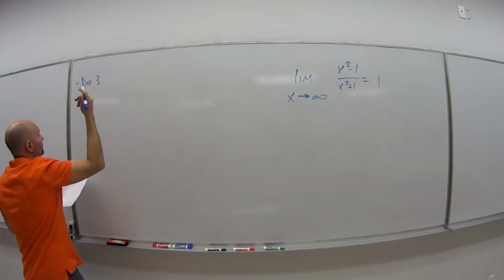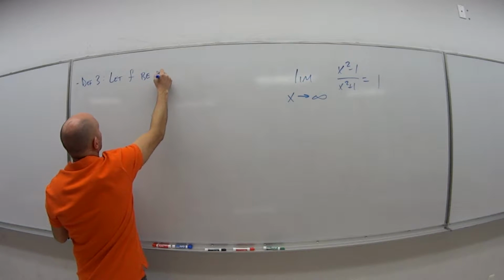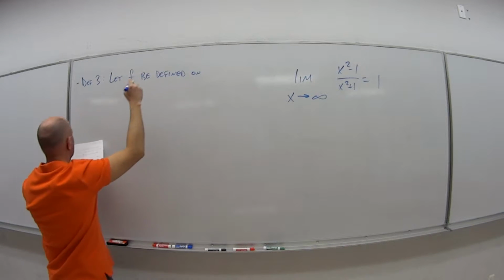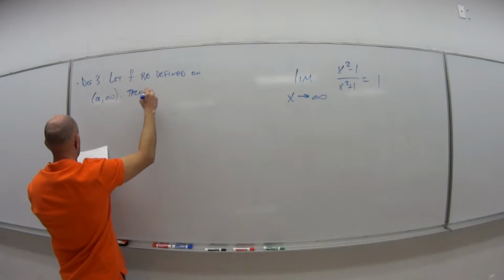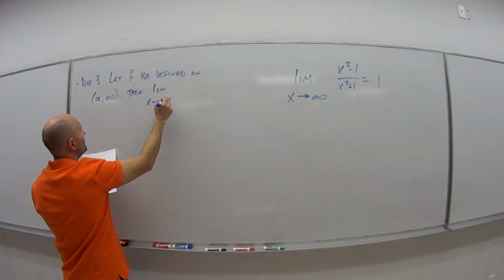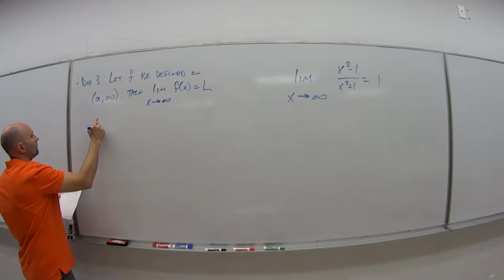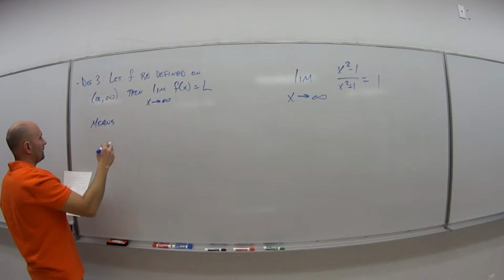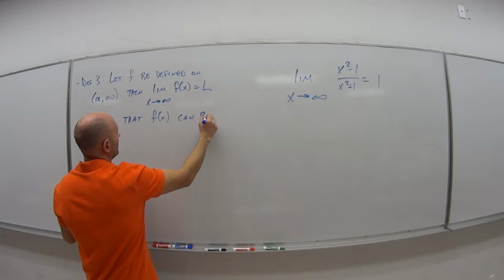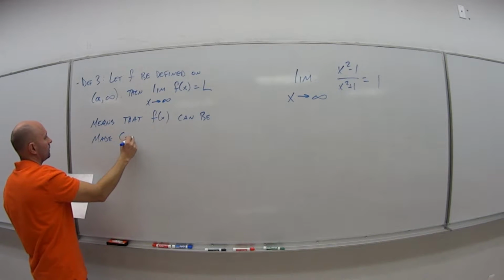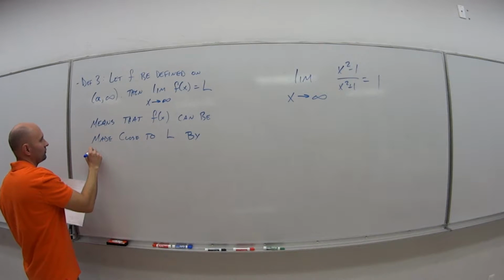Definition 3 for this section, 1.6, says let f be defined on the interval a to infinity, positive infinity in this case, then the limit as x approaches infinity of f of x equals some value L means that f of x can be made close to L by taking significantly large values of x.